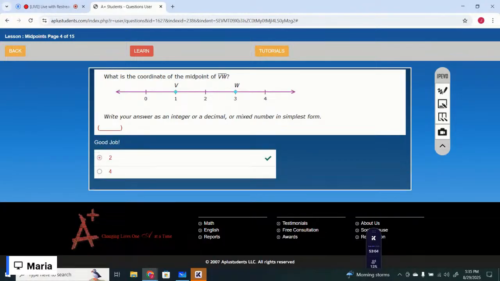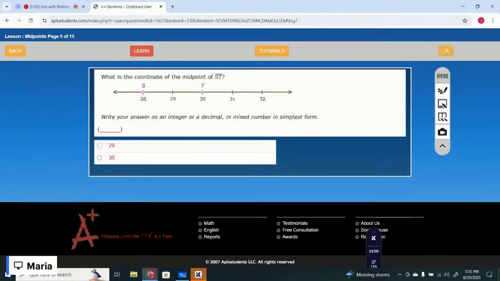Option number 1 is the correct option. What is the coordinate of the midpoint ST? That is 29. Correct option.